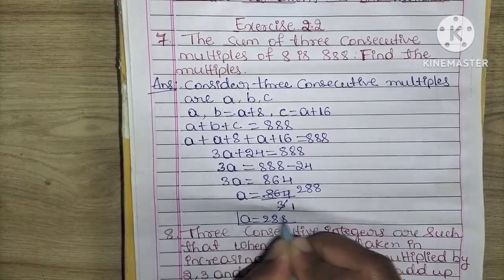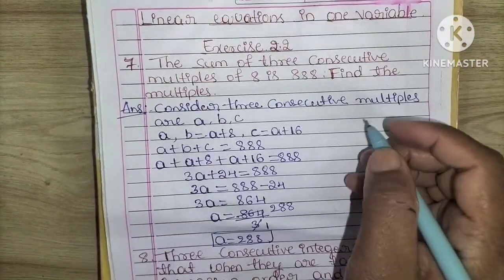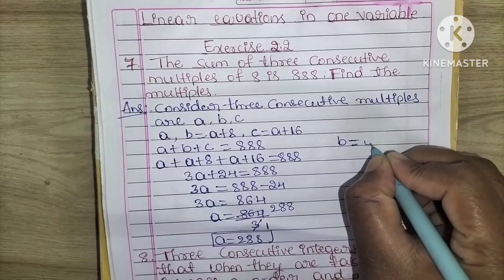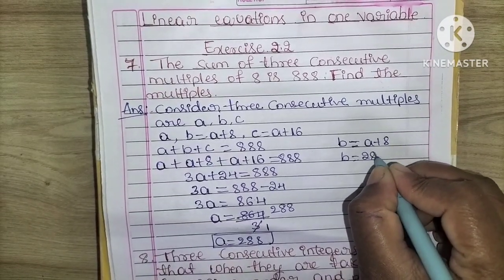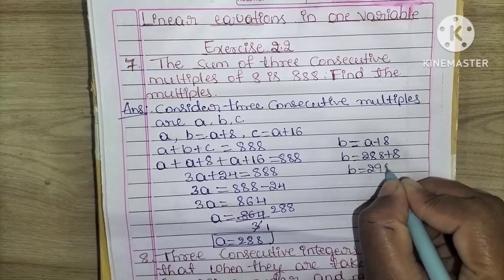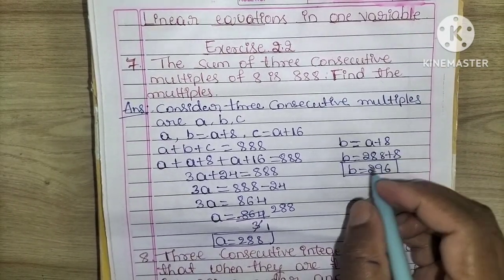A is equal to 288. The first number A is equal to 288. Next we have to find the second number. The second number B is equal to A plus 8, means B is equal to 288 plus 8, which is 296.